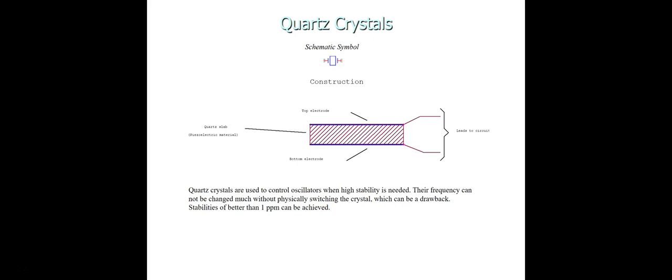Now, this piezoelectric effect can also work in the opposite way. What does that mean? If a voltage is applied to a quartz crystal, the crystal will bend a small amount, just as if something is pushed on it, and a quartz crystal can be made to vibrate very much like a tuning fork.